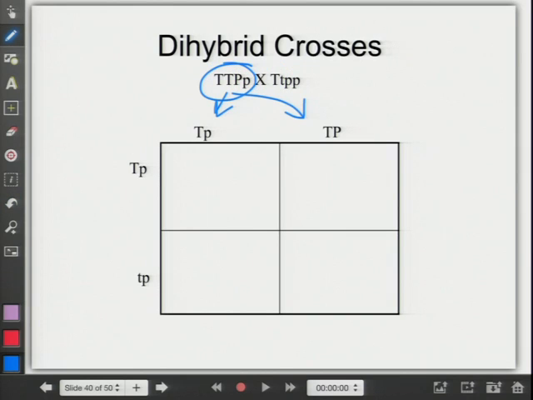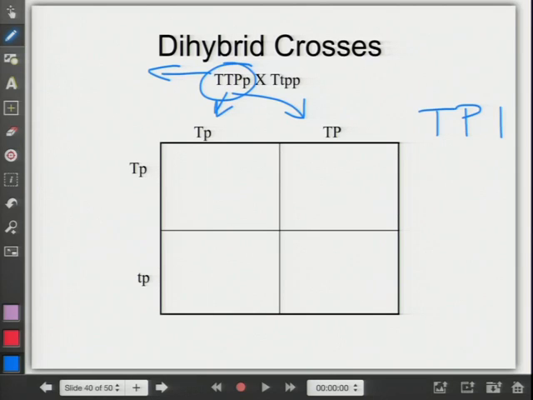His possible gametes are big T, big P, or big T, little p, right? So isn't that all the gametes that guy could make? But he'll make 2 big T, big P's and 2 big T, little p's. Okay, but you don't have to list out that extra one, right?